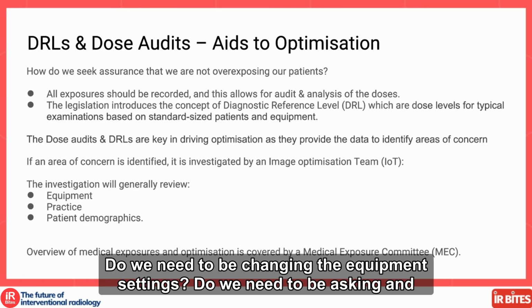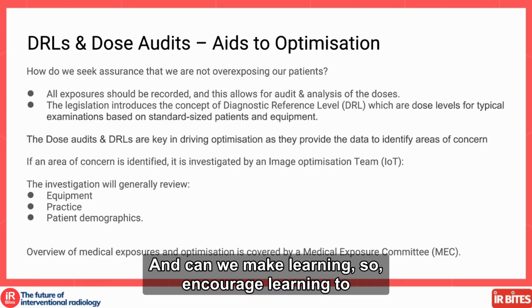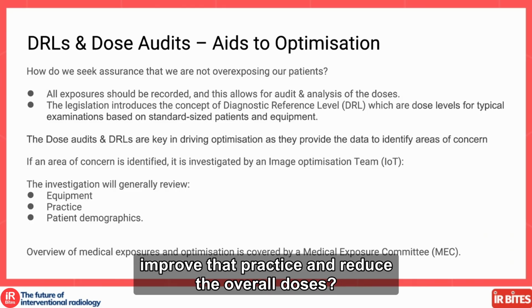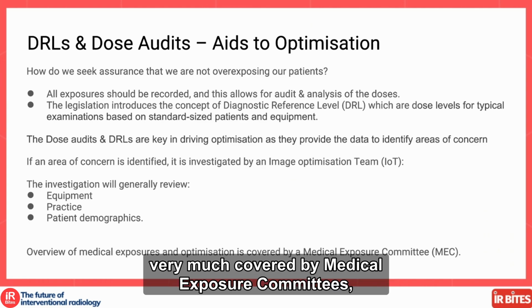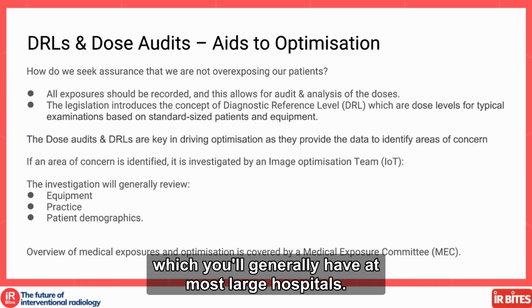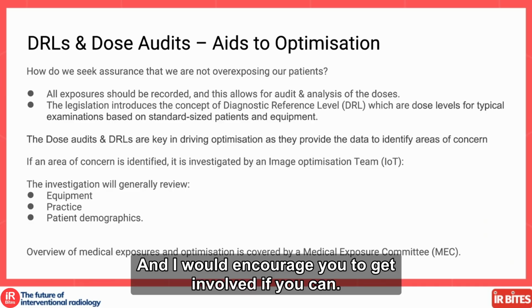Do we need to be looking at operators, and are they doing something which is not best practice, and can we encourage learning to improve that practice and reduce the overall doses? All this aspect of looking at medical exposures and optimization is very much covered by medical exposures committees, which you'll generally have at most large hospitals, and I would encourage you to get involved if you can.